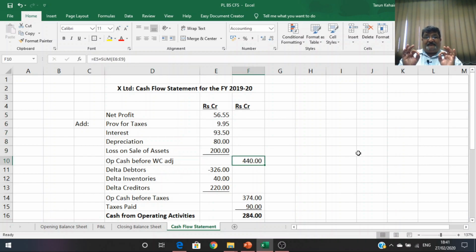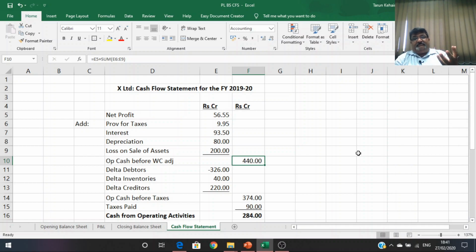Remember, the cash flow statement consists of three important segments: cash from operating activities, cash from investing activities, and cash from financing activities. Operating activities are the activities which relate to the day-to-day business transactions.